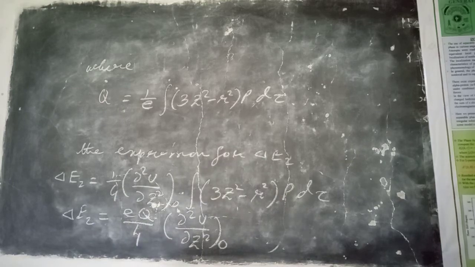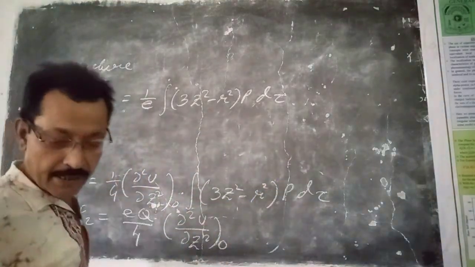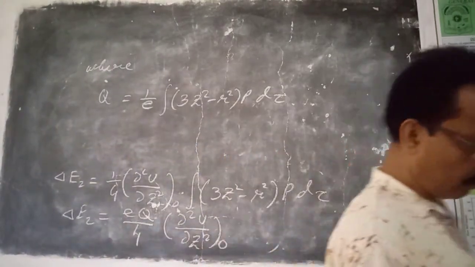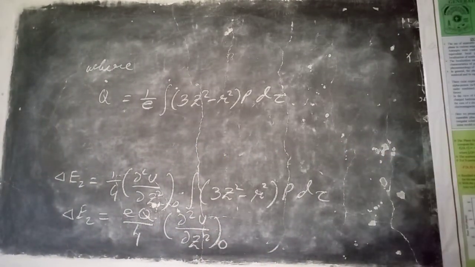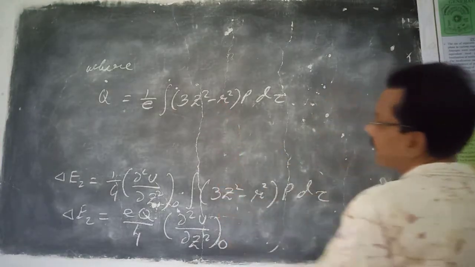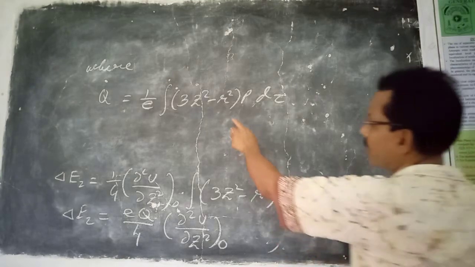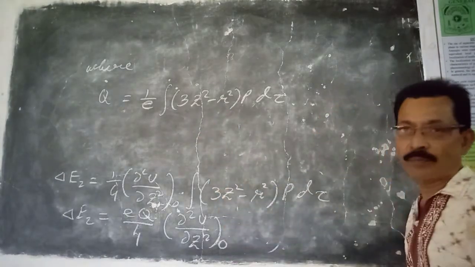Now if the charge distribution is perfectly spherically symmetric, then what will happen? For a sphere, x, y, z are equal, so r square will be equal to 3z square.